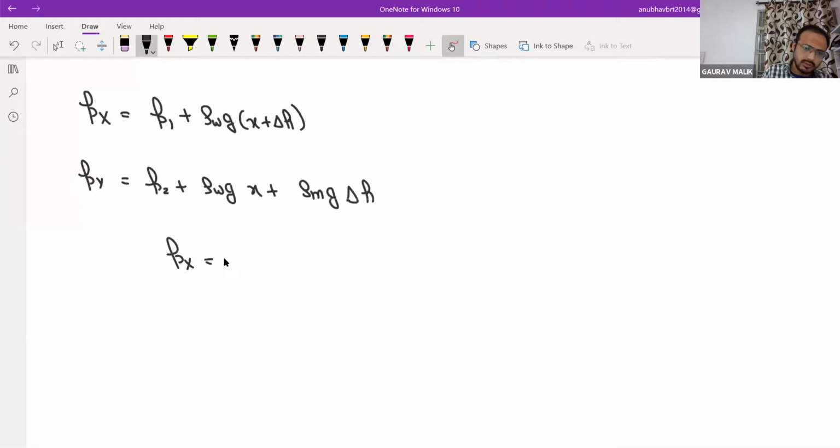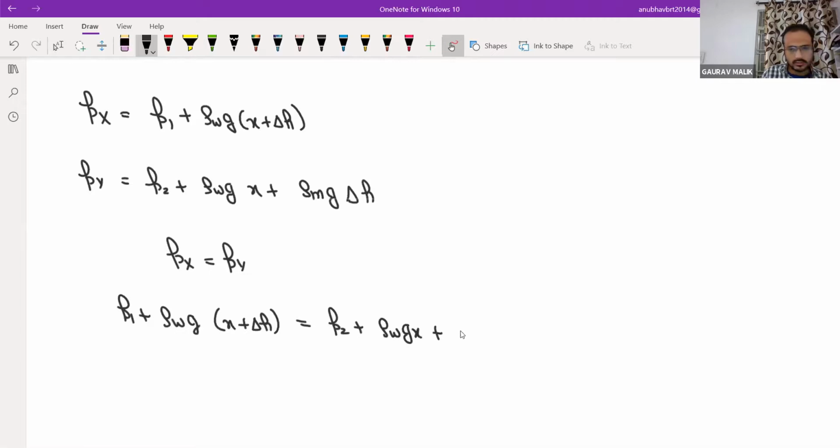Px is equal to Py, so P1 plus rho W g x plus delta h equals P2 plus rho W g x plus rho m g delta h.